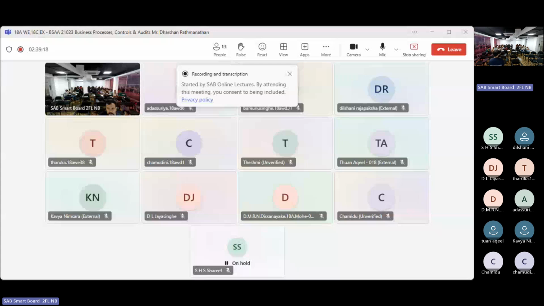Now my question is, do they want to take approval from the director at the time of purchase or not? Question clear? So do the company and other employees want to get approval from the authorized person to make the capital expenditure or not?